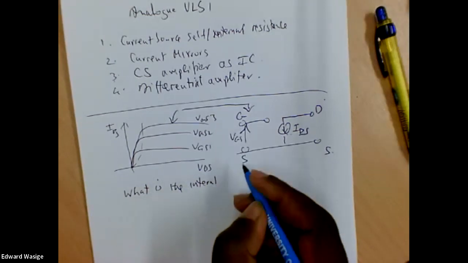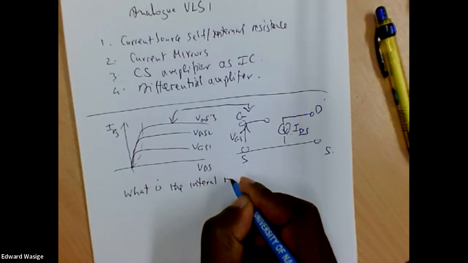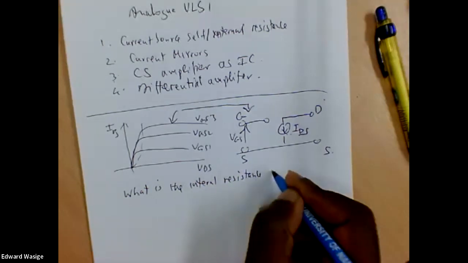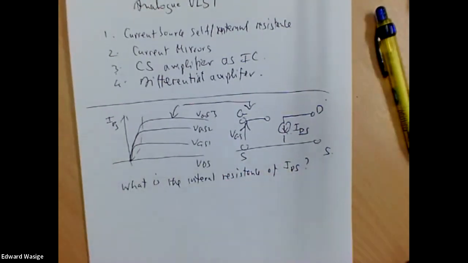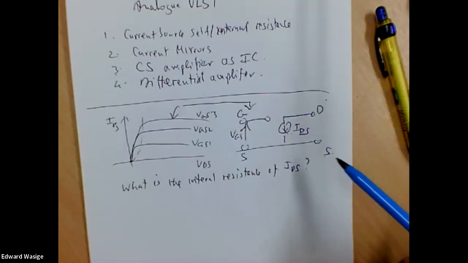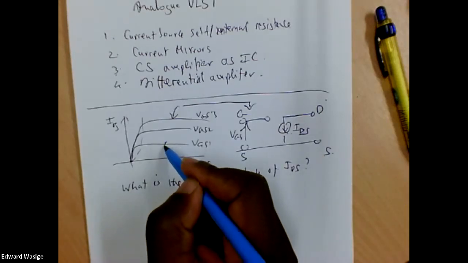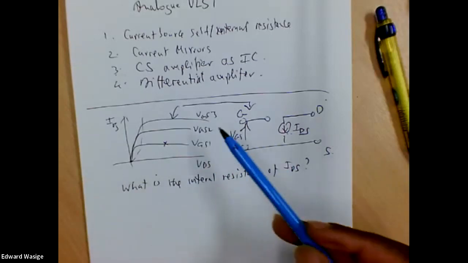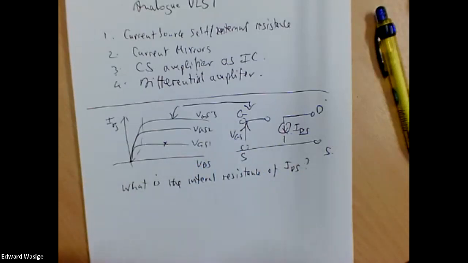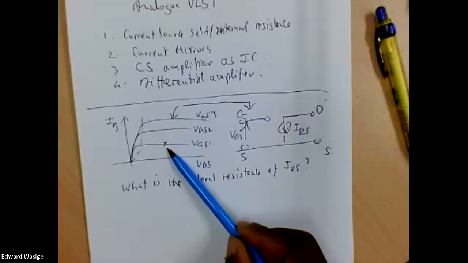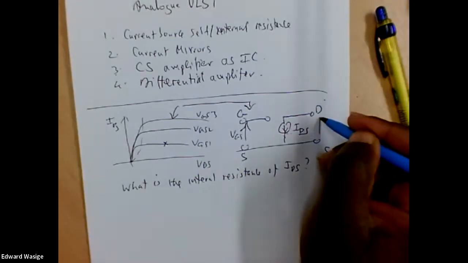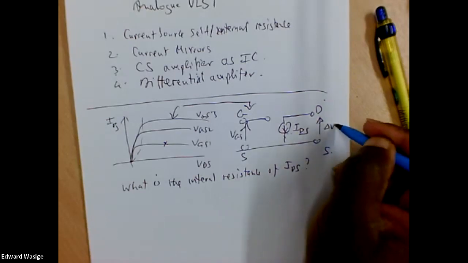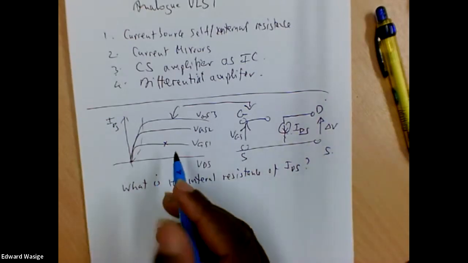So the question is, what is the internal resistance of IDS? Current sources, we should know from electronics, have a high internal resistance. If our operating point is somewhere there, what would be the resistance of the current source? The current source gives a constant current, but the equivalent resistance, how much is that? We can get that by changing VDS.